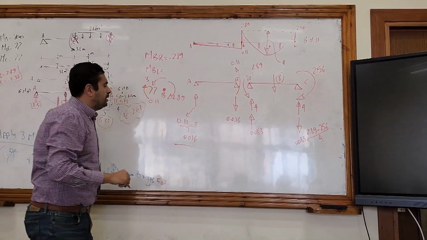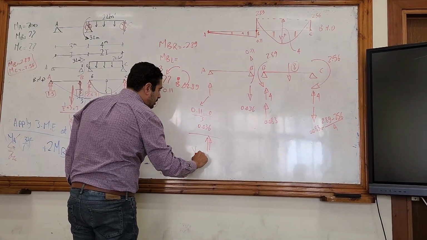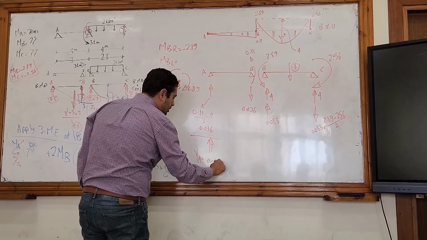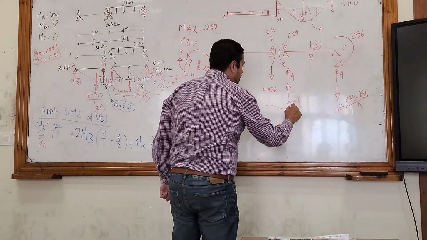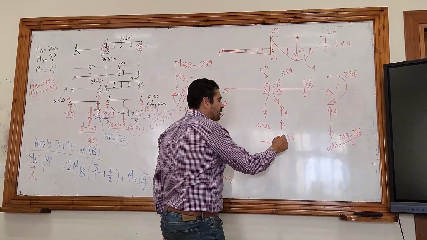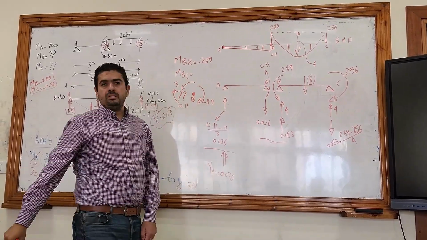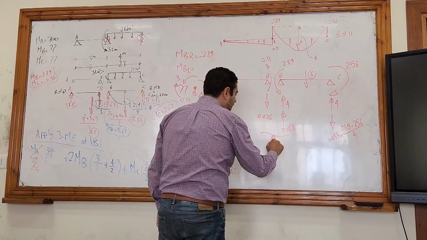Okay, so here I have only one reaction, so YA equals 0.036 upwards, and YB is 4 and 0.083 upwards, and 0.036 downwards.